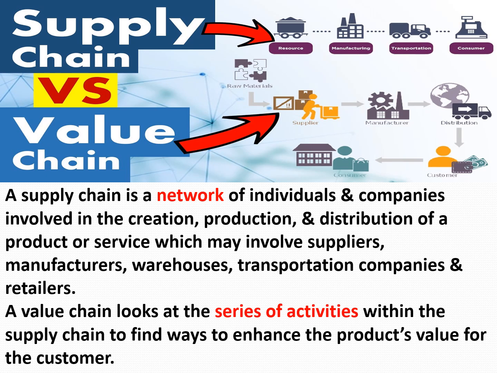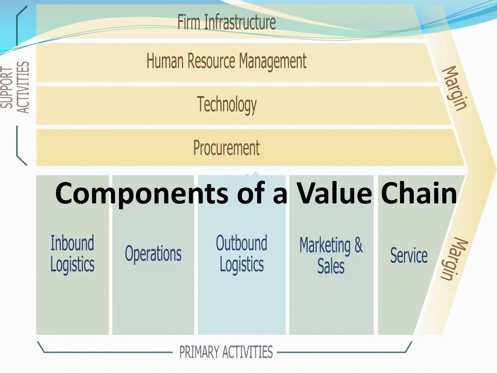After differentiating between value chain and supply chain, now let's talk about the components of a value chain. A value chain framework consists of five primary activities and four supporting activities a company's product goes through.